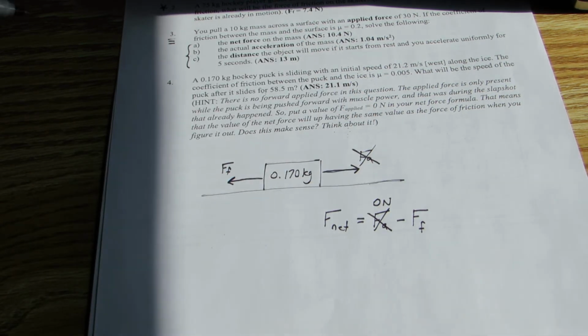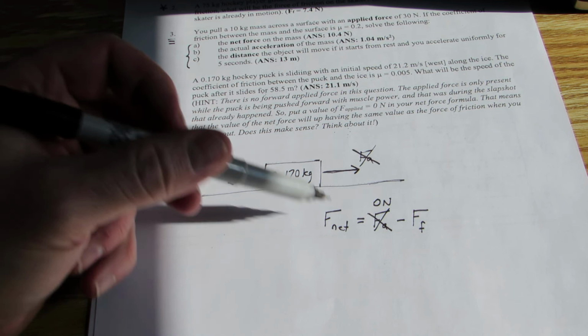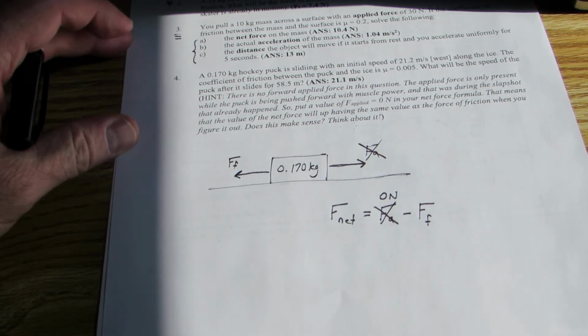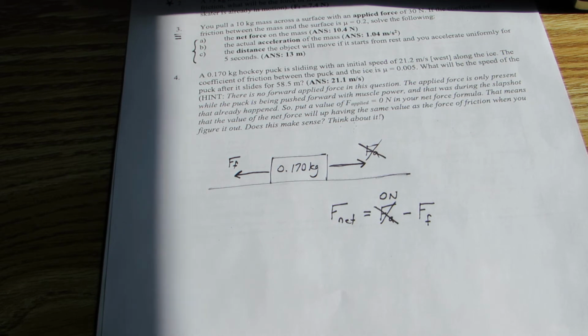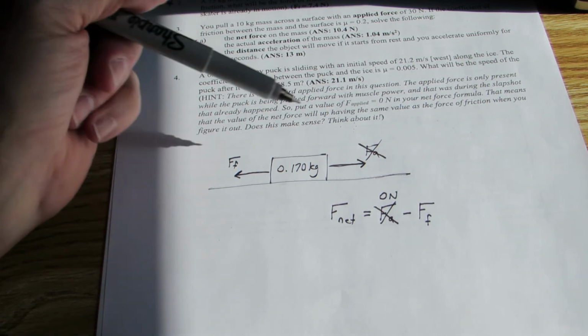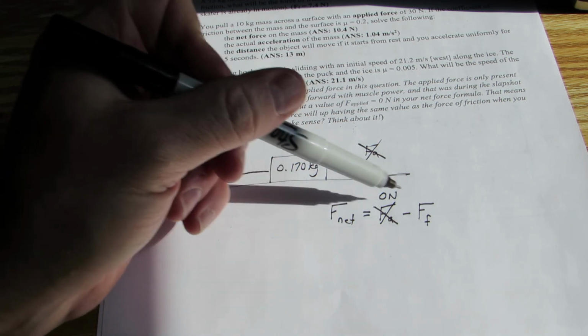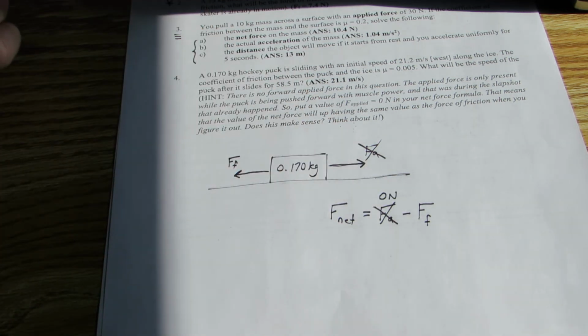You can still calculate the net force. It's just not going to have anything in it but friction. And that's a very regular situation, that you get questions where sometimes the net force only has friction in it, and that's it.